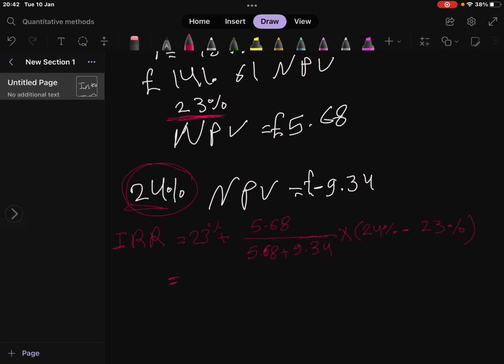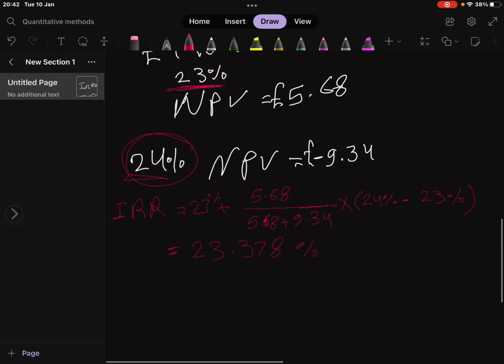It should give us a result in between. So the result is 23.378%. So here is the required rate of return that will make the net present value equal to 0. And this is for sure the IRR. Thank you so much.